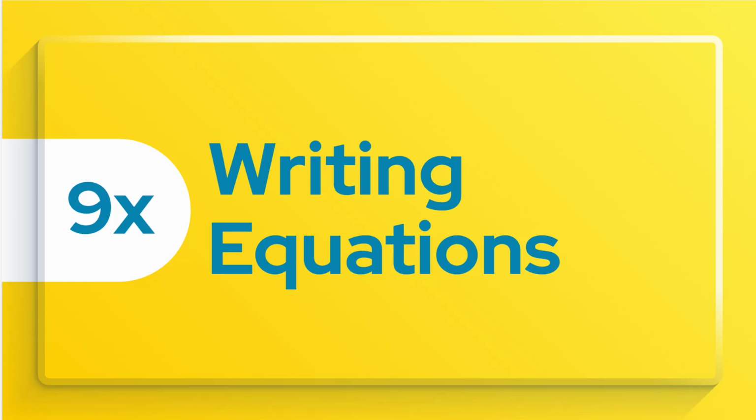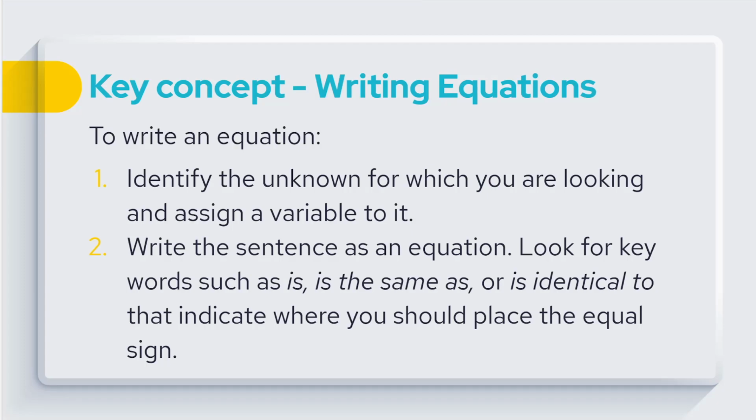Lesson 9, Writing Equations. Okay, so the key concept here, the main idea, is that when you're confronted with a situation and there is something unknown that you have to evaluate for, you need to identify the unknown for which you are looking for an answer in order to assign a variable to it.